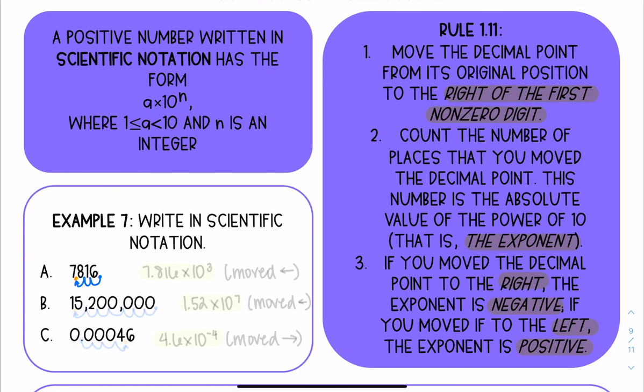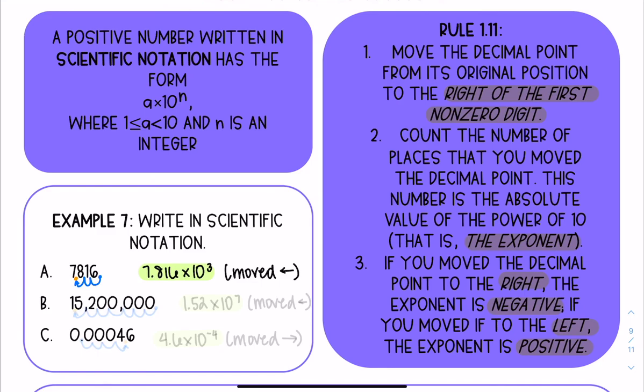So we're going to write 7.816 times 10. Is that going to be to the positive 3 or the negative 3? Well, it's going to be to the positive 3 because I moved it to the left. And so in scientific notation, it's 7.816 times 10 to the third.